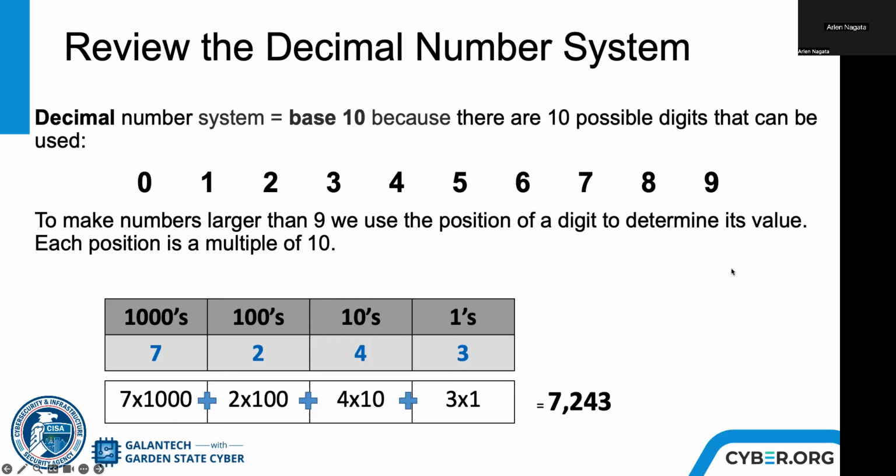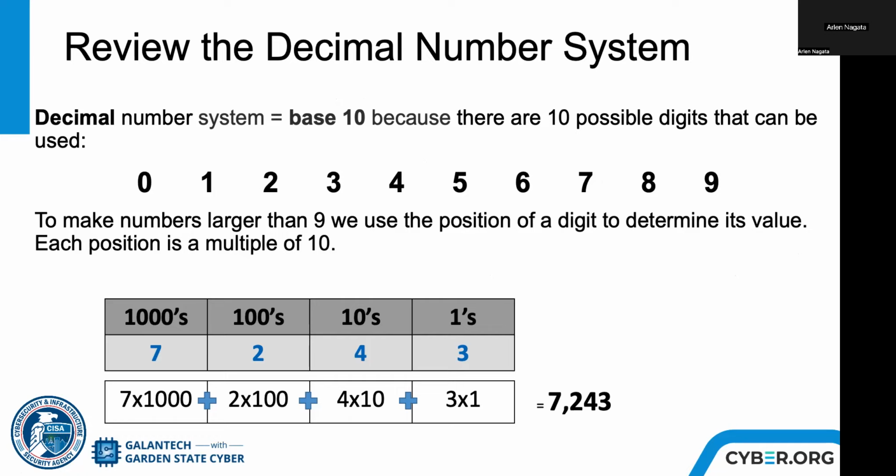Okay, and so our decimal number system is base 10. And that means we go from 0 to 9. In each place value, you can have just one number, and the number is 0 to 9.